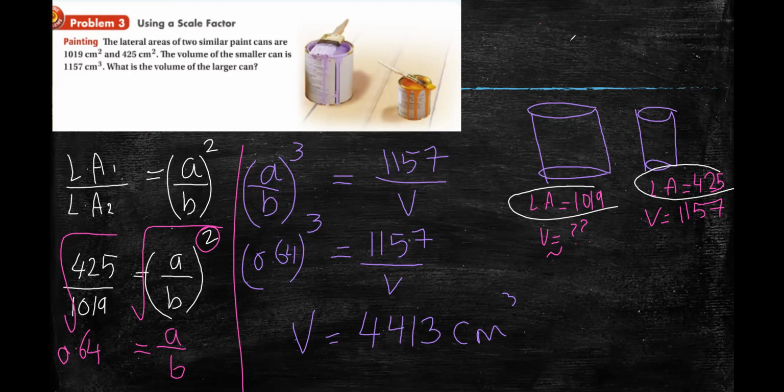Teacher, I got my volume as 4,301. I don't know why. 1157 over 0.64 cubed gives 4413. What did you write it as, 0.64? I wrote it as 0.646. Ah, that's right.